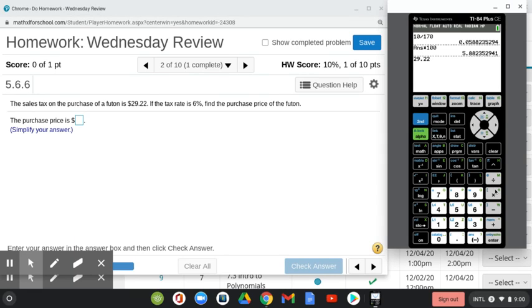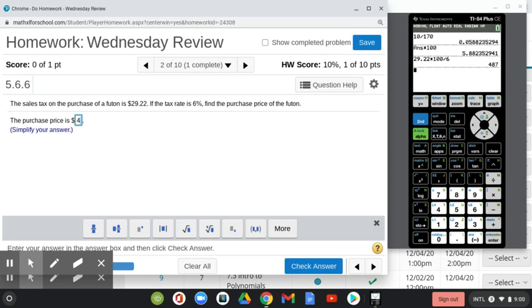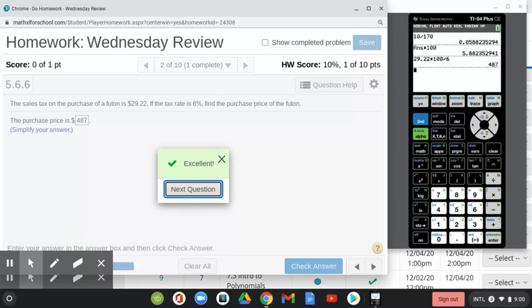You're going to multiply by 100 and divide by 6. So I get 487 as my purchase price for the futon.